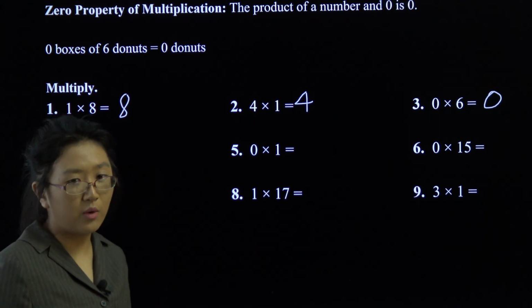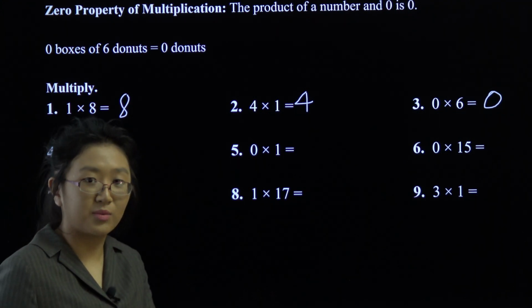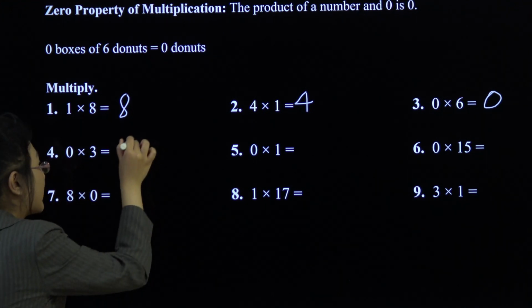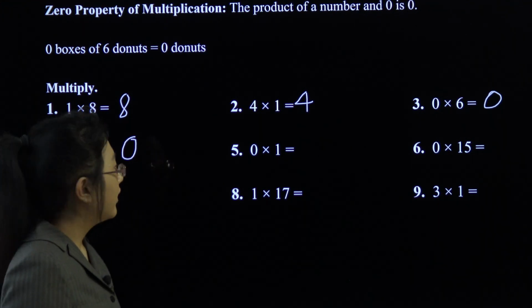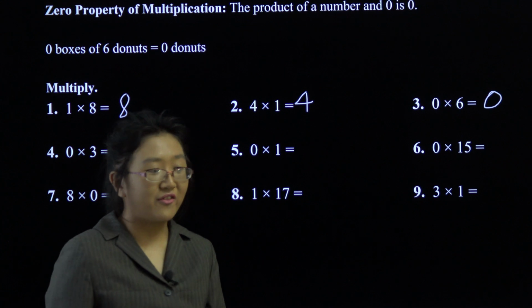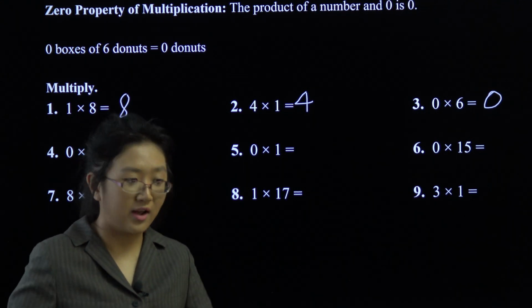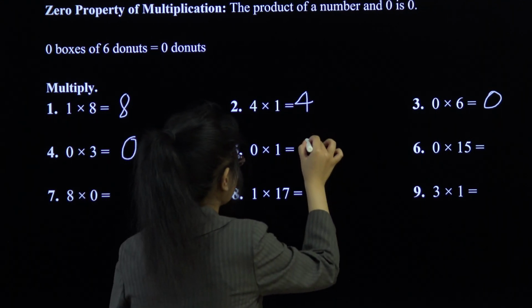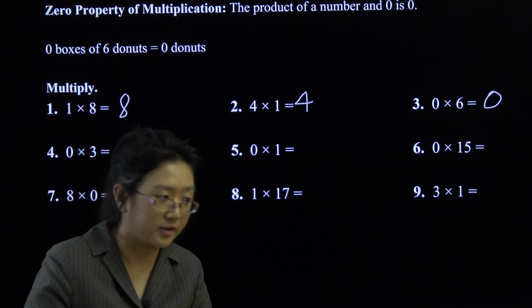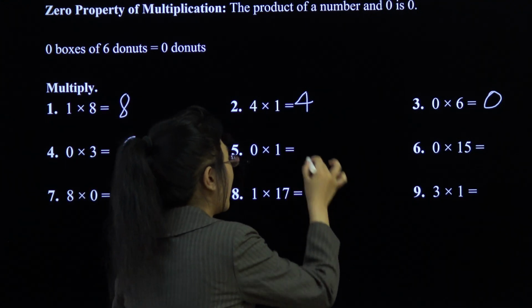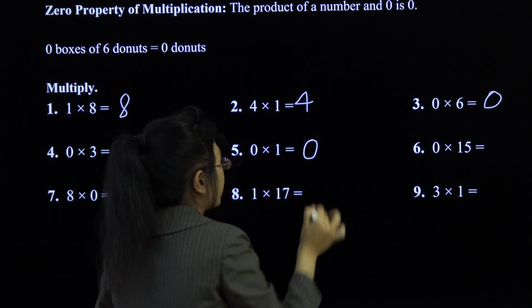If you have 0 packs of 3 tennis balls, you have 0 tennis balls. 0 property. 0 times 1. If you just have none of one thing, well, you're going to have none of that thing. So 0 times 1 is 0.